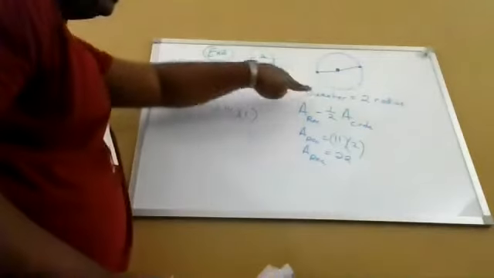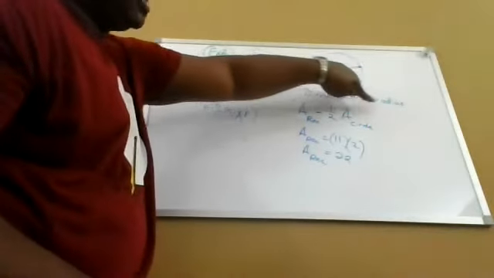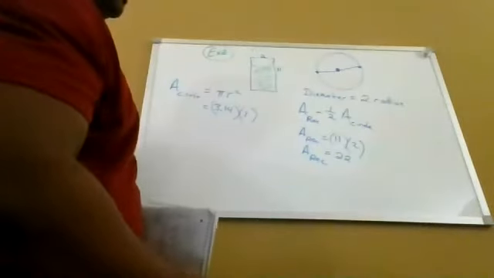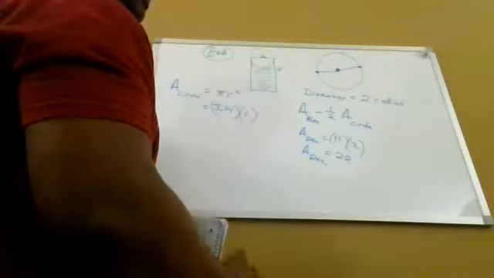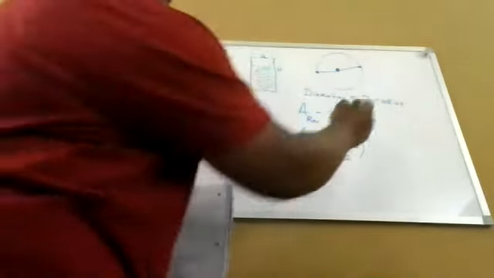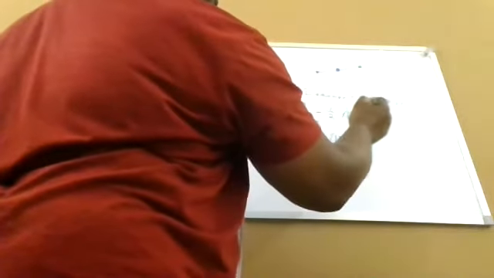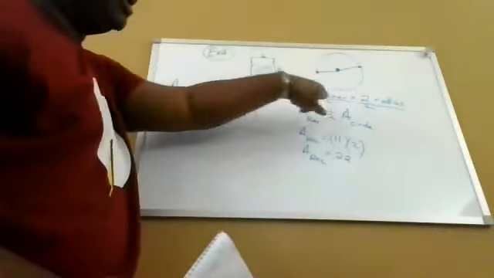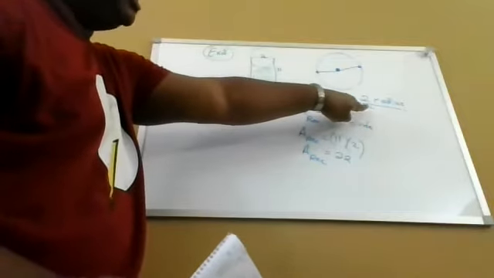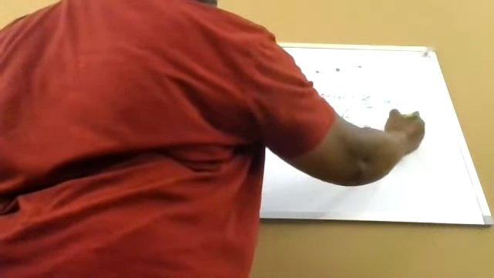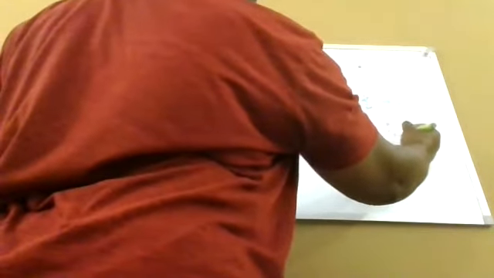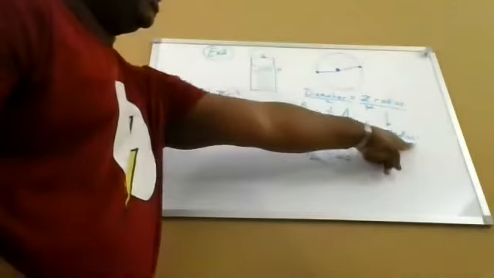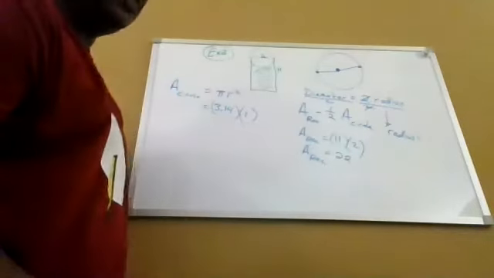Where did I get the 1 from? Let's go back up here. If the diameter equals 2 times the radius, then I can take this formula, divide both sides by 2, and it's going to give me that the radius is going to equal 1/2 of the diameter.